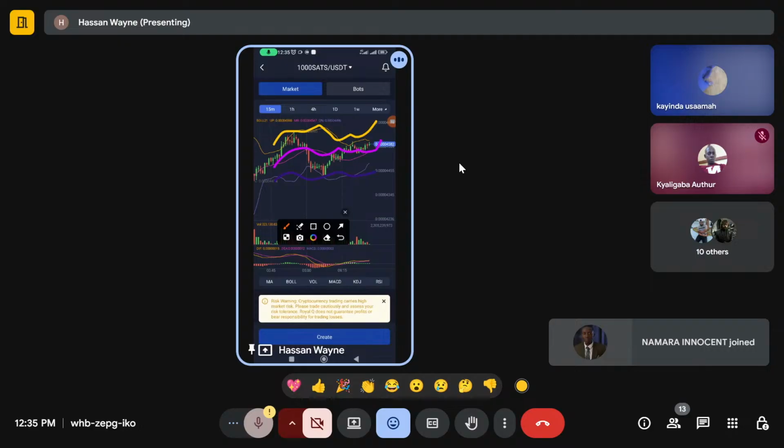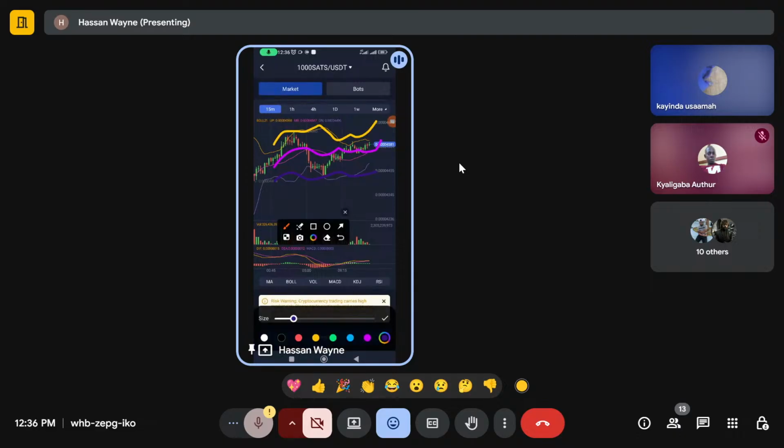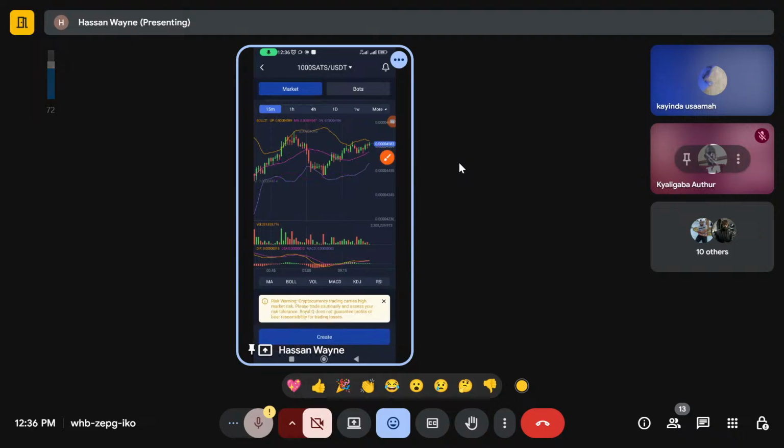When you want to enter, for those who are trading futures, you look at where the candles are forming.